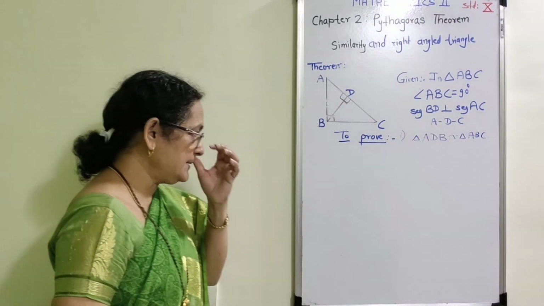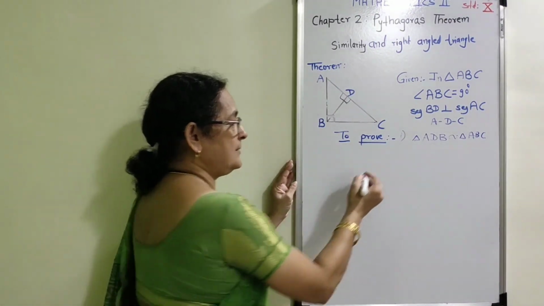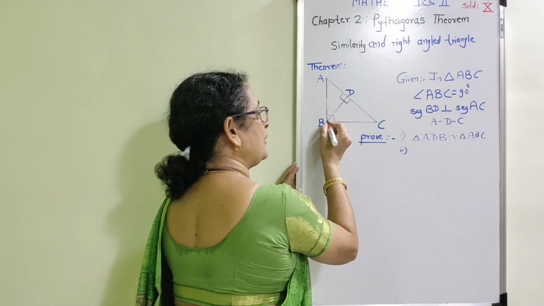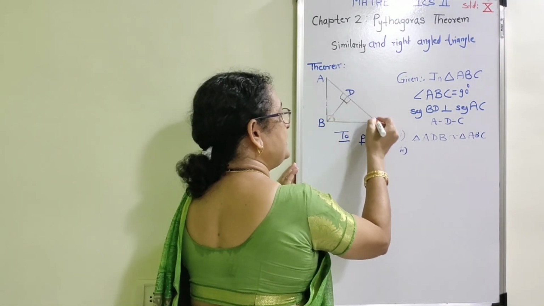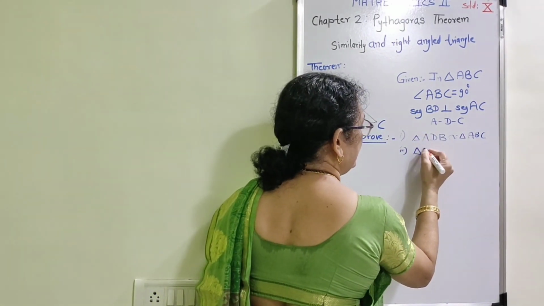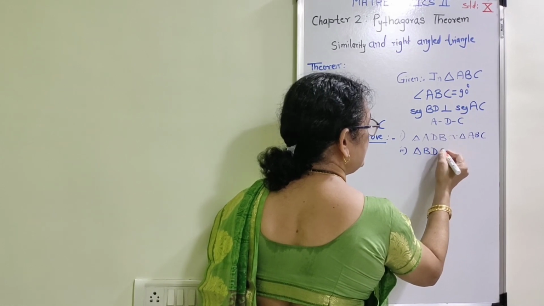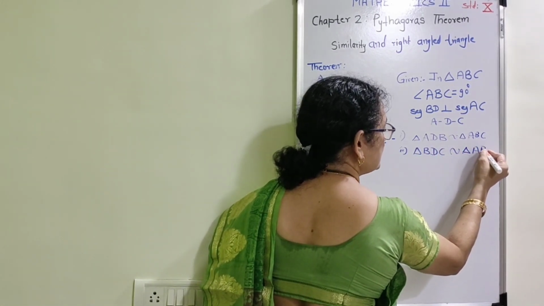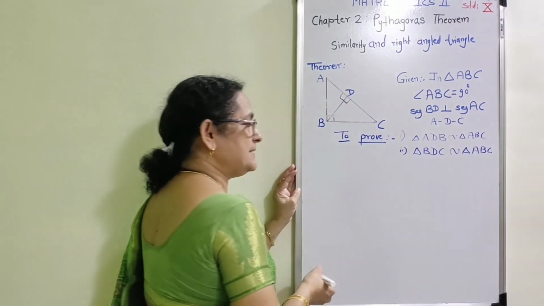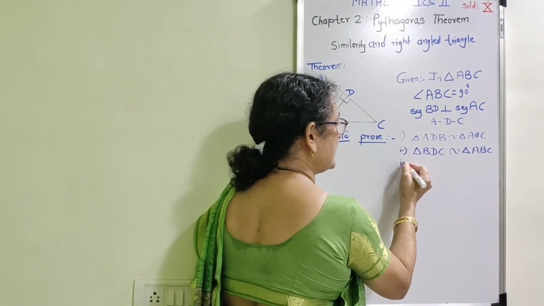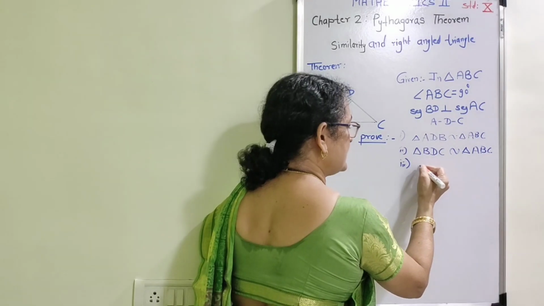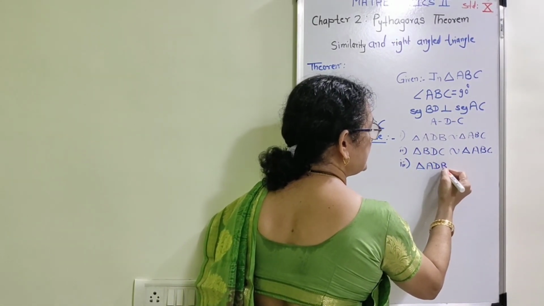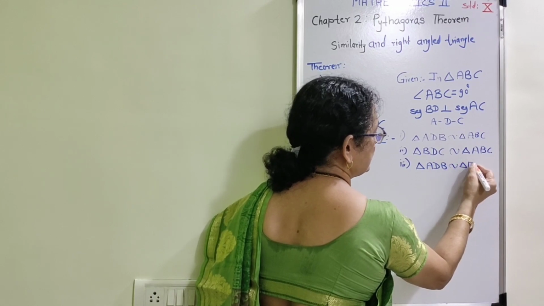Now I am going to write the second smaller triangle, that is, again start from point B, triangle BDC. We are going to show that this triangle is also similar to the bigger triangle ABC. And at the third stage, by property of transitivity, triangle ADB is similar to triangle BDC.